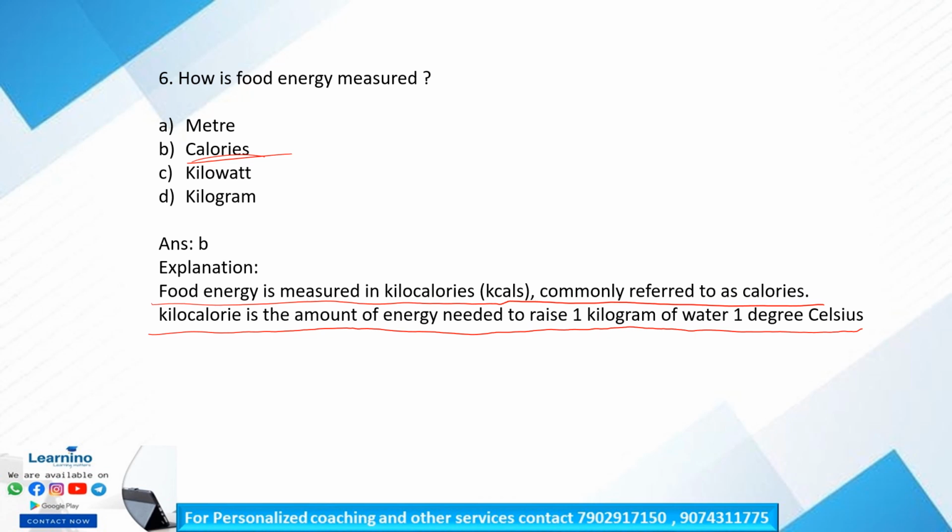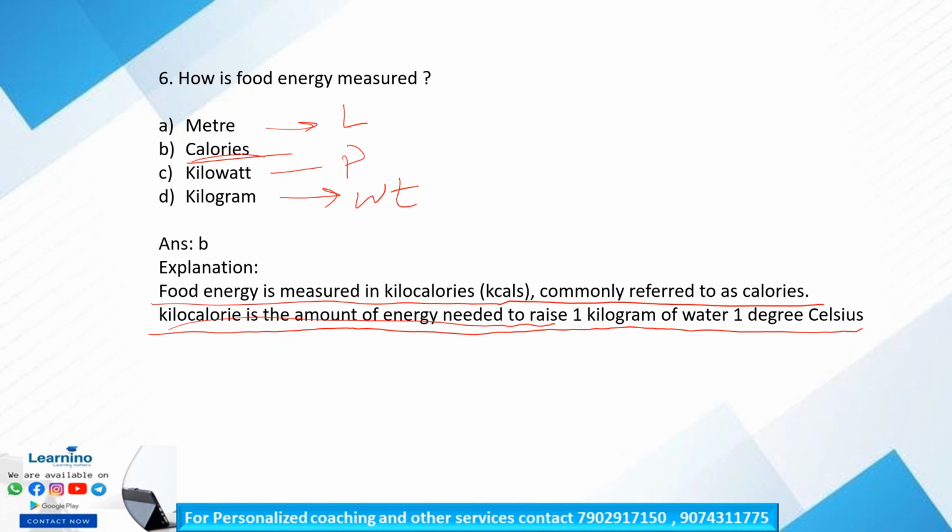So our option B is our correct answer. The other options: meter is for length measurement, kilowatt is for power measurement, and kilogram is for weight measurement. Clear? So food energy is measured in calories, the energy required to raise 1 kilogram of water by 1 degree Celsius, right?